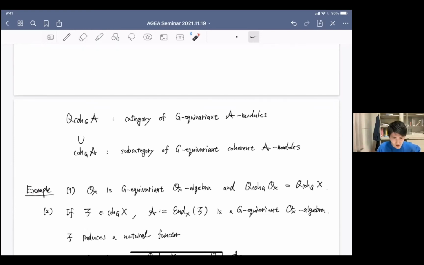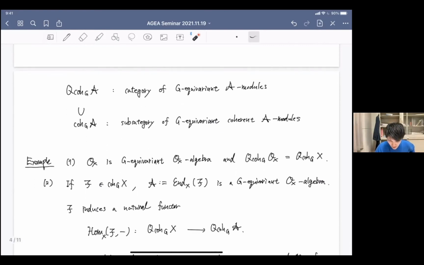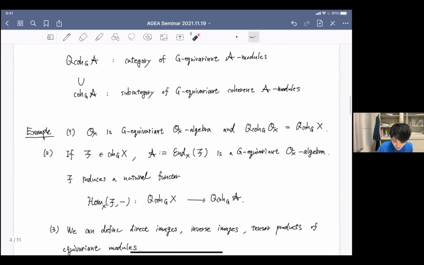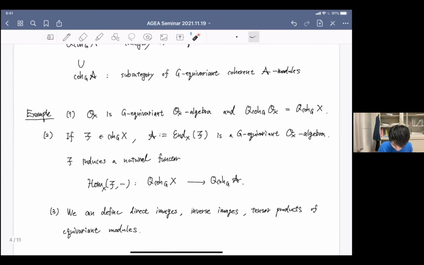And also, this sheaf F induces a natural functor from usual equivariant quasi-coherent sheaves to equivariant quasi-coherent A modules, which is given by Hom F. Similarly to usual quasi-coherent sheaves, we can define direct images, inverse images and tensor products of equivariant modules.